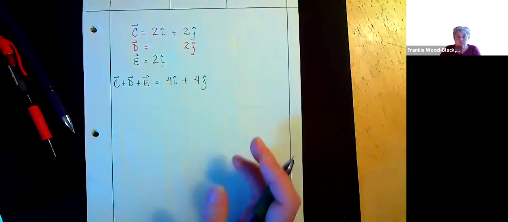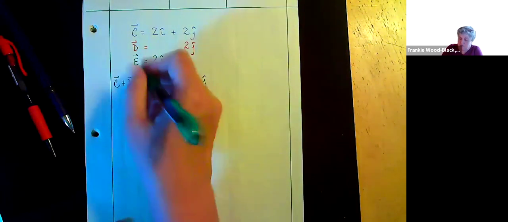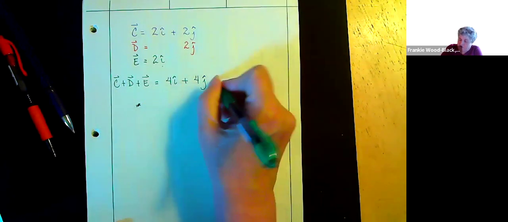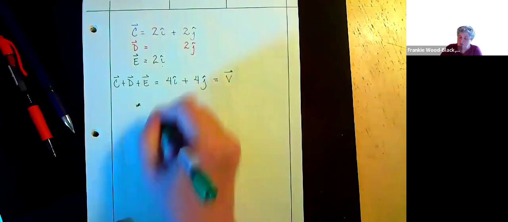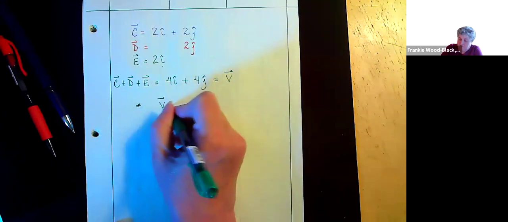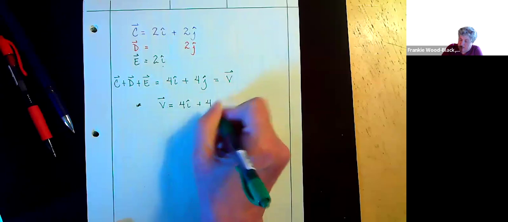Now, if I want to subtract a vector, I can do a negative. We'll call this vector V. So I'm going to have vector V, which is equal to 4i plus 4j.